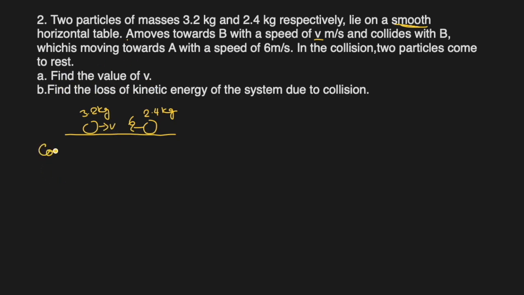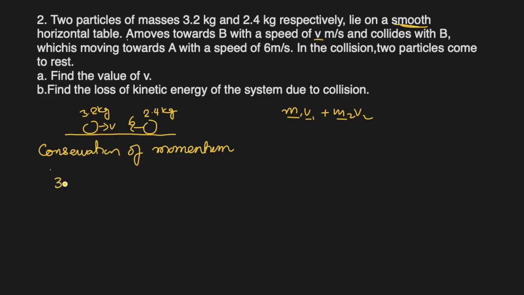So due to conservation of momentum, what was the momentum before? Let's say momentum before is m1 v1 plus m2 v2, the mass of the first times its velocity plus the mass of the second times its velocity.